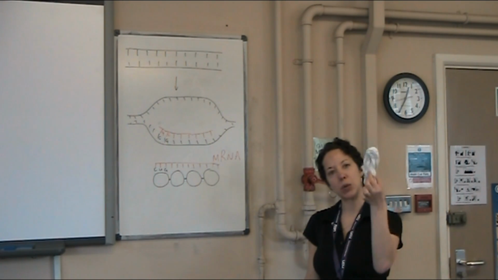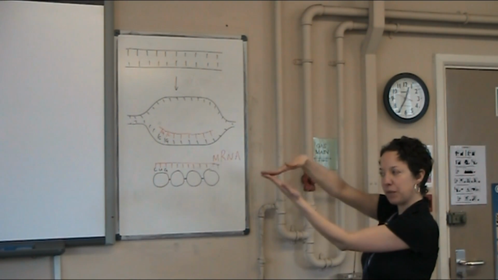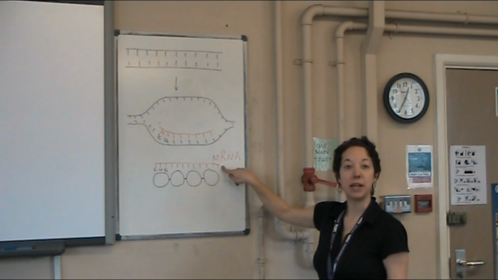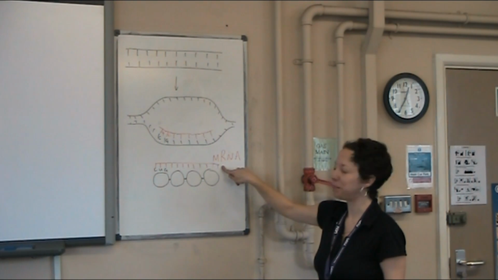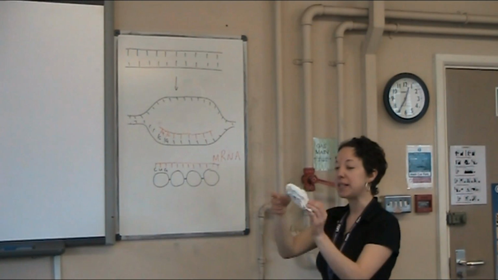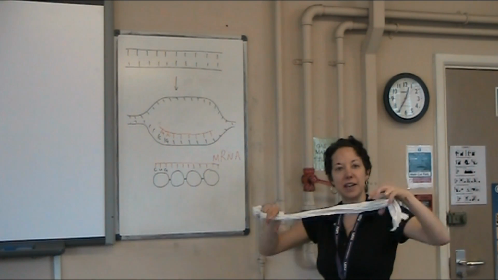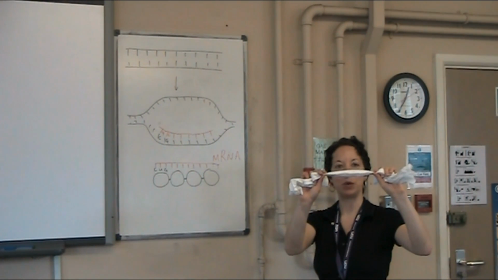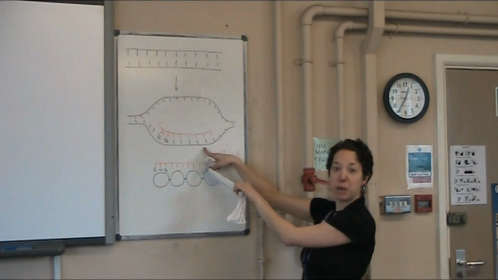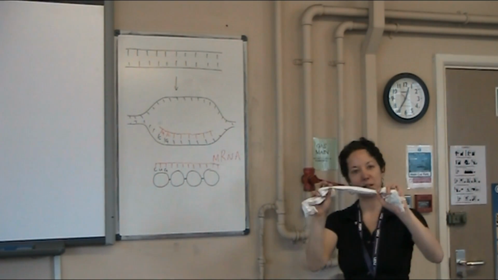But of course, once it's all coiled up like that, this can't happen. Remember, the DNA has to separate out to expose the bases so that mRNA can copy the code. And it can't separate if it's all coiled up. So a section of the DNA has to unwind. These bits might stay coiled up, but this bit will have to unwind so that it can separate, so that the exposed bases can be copied, then carried to the ribosome, and so that the sequence of amino acids can be assembled.